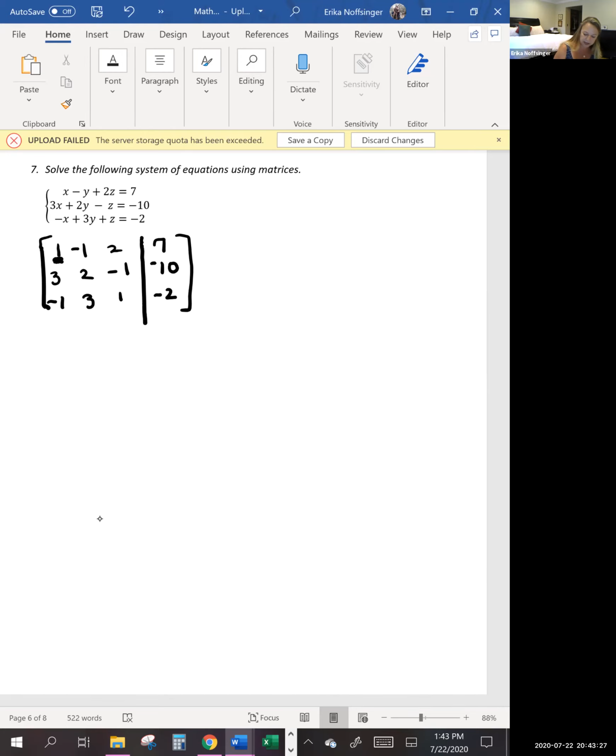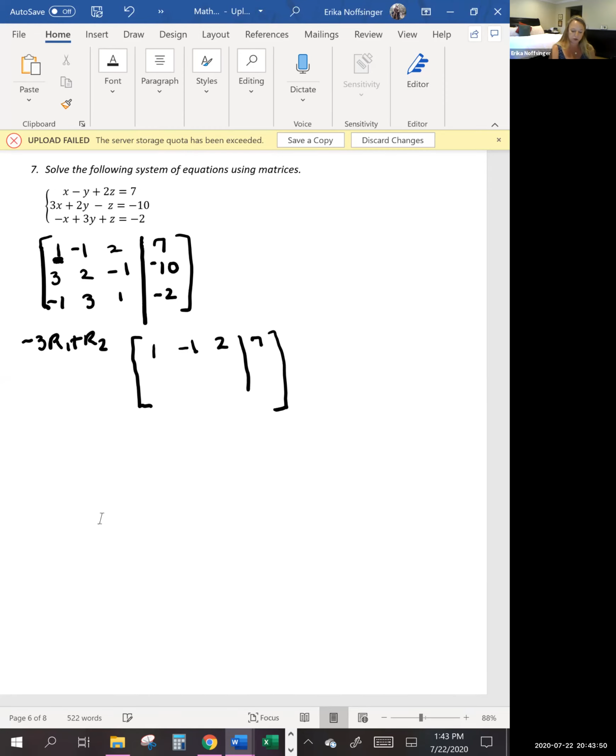And so we're going to look at -3 times row 1 plus my row 2 would get rid of this 3 down here. And so I'm going to recopy down my row 1 because I'm really not changing it. I'm just using it to change the other. So row 1 was 1, -1, 2, 7.